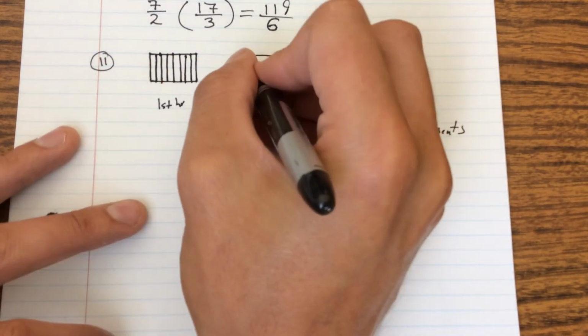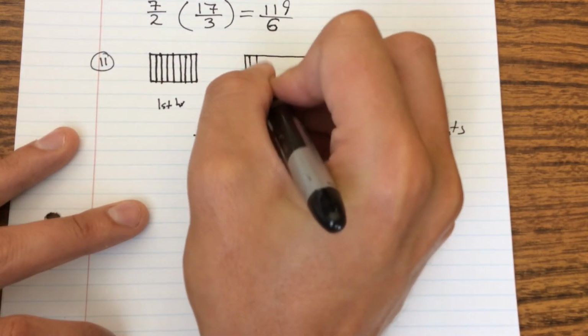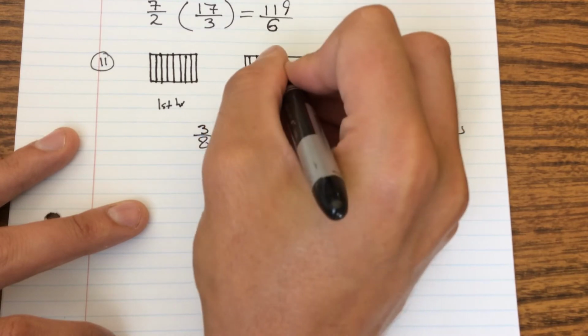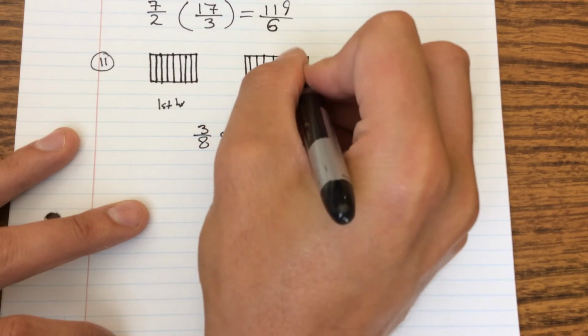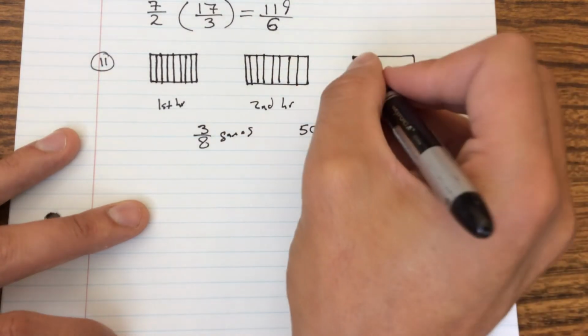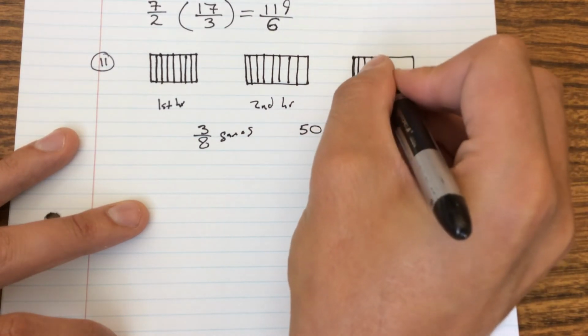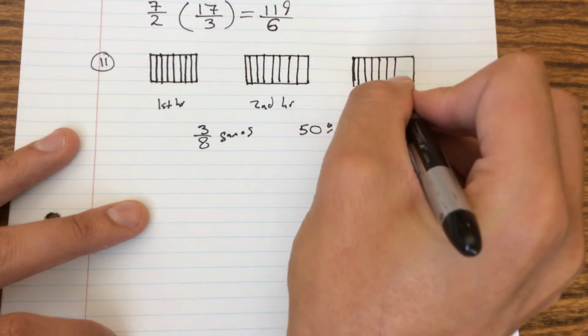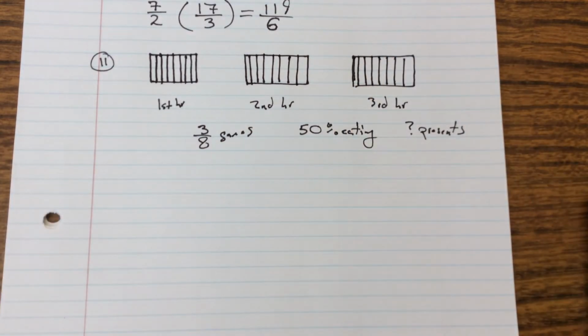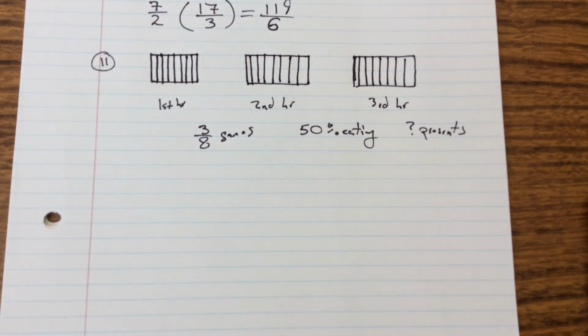So there's 8ths. Same thing here. Pretend those are all even. And same with those. Pretend those are even as well. Let me get a different color here.